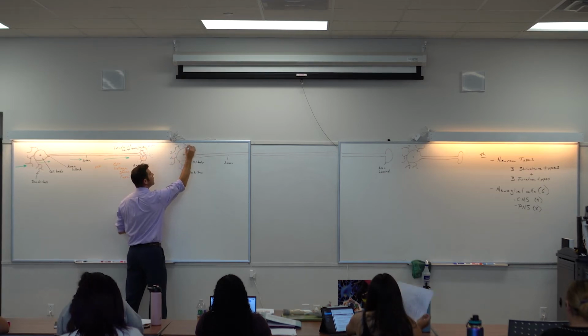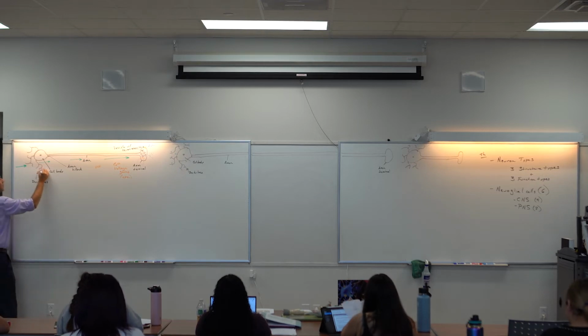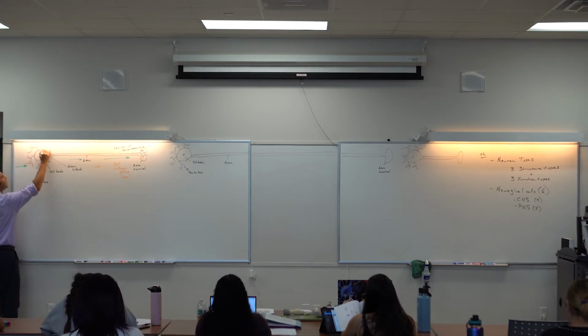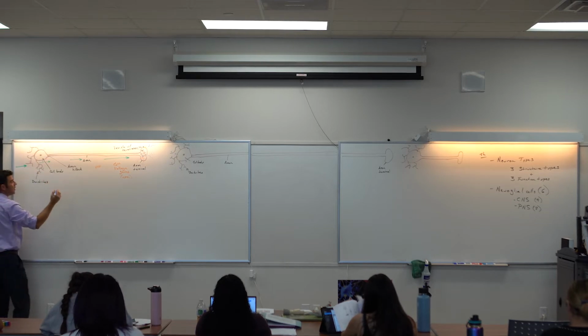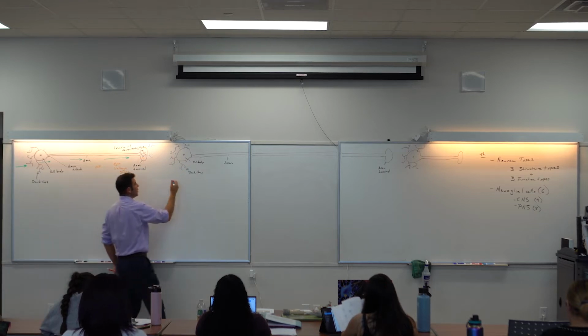I'm going to put them all over the dendrites. And that's right where I was about to go back over here and do the same thing. I was going to put these receptors all over the cell body. And I'm going to try and use the same color. The blue color, these are going to be chemically gated channels. And I'll just write it over here.